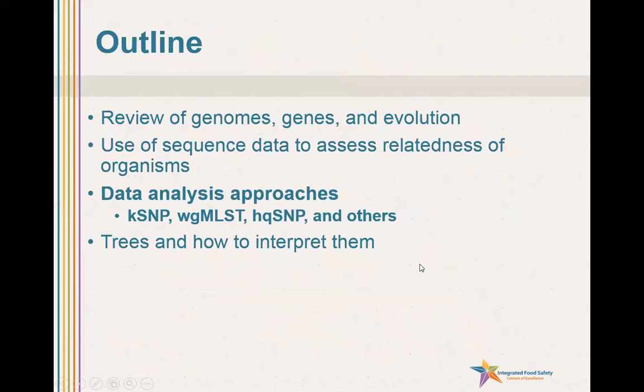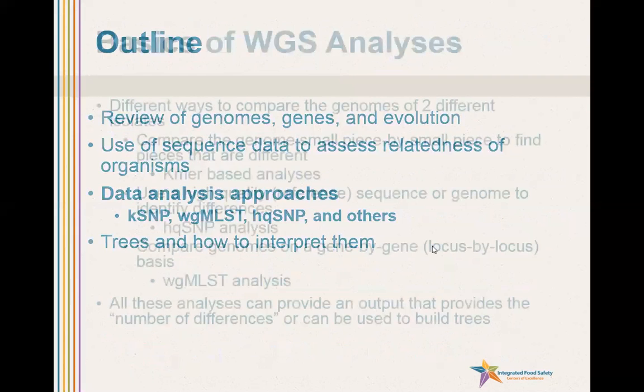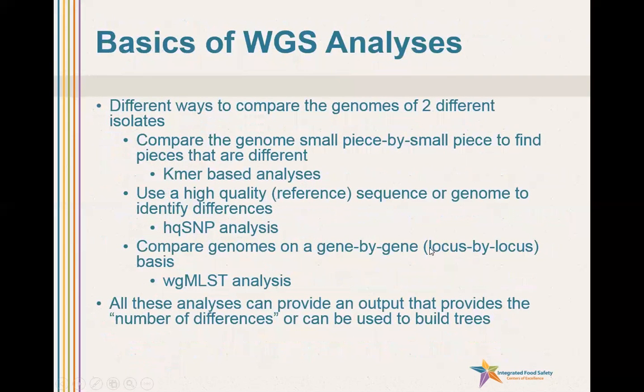So with that, we move into data analysis approaches. How do we take whole genome sequence data and large-scale genetic data to assess relationships between different organisms? Conceptually, there are a number of different methods, and two key methods that will be used in terms of analyzing data that are handled by epidemiologists today.